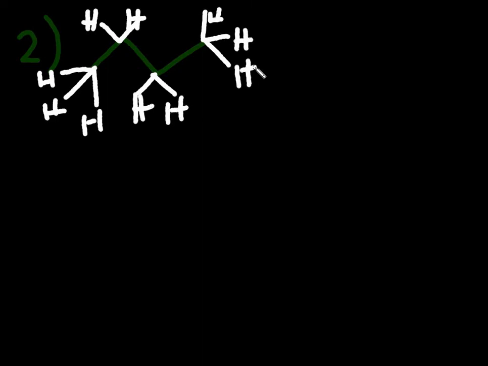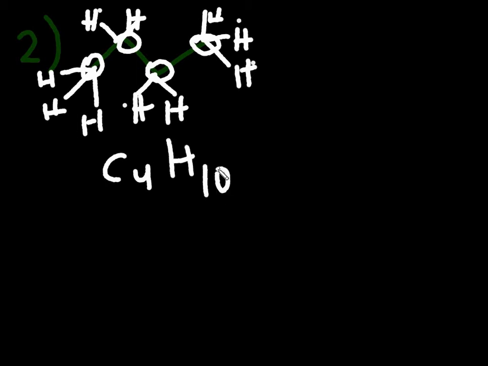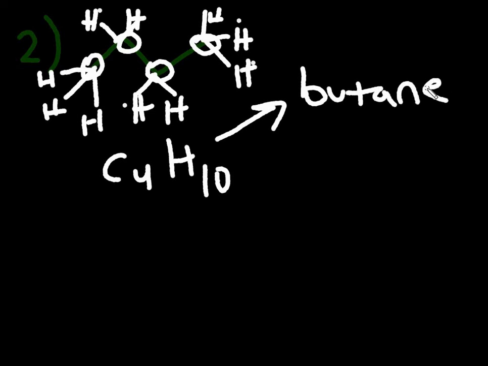So we agreed that there were 4 carbons, so we have C4, and then 1, 2, 3, 4, 5, 6, 7, 8, 9, 10. 10 hydrogens. So we agreed that if there's 4 carbons, this would be butane.